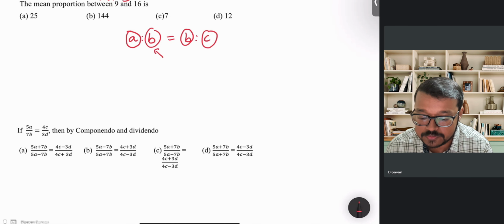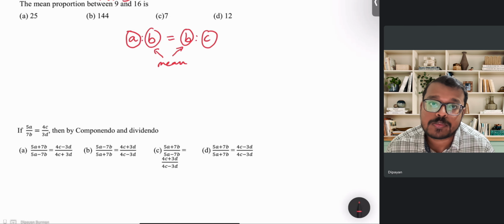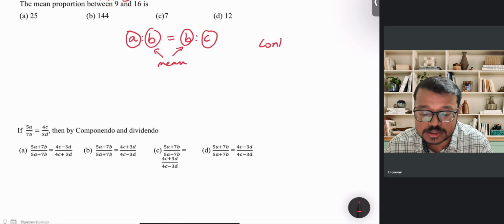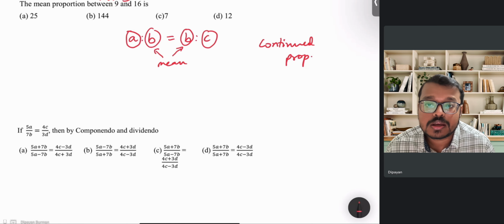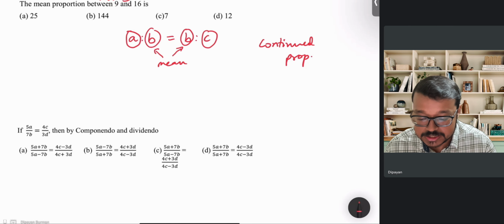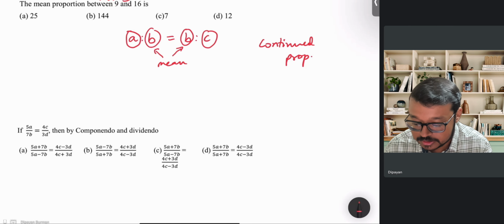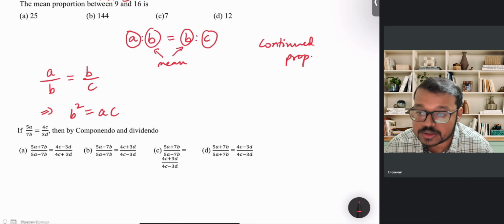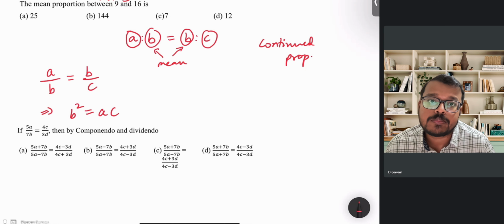In between we have the mean proportional, and such a proportion is called a continued proportion. If I write it in another way, A by B equals B by C, and if I cross multiply, B squared is always equal to A into C. So the square of the mean proportional is equal to the product of the first proportional and the third proportional.